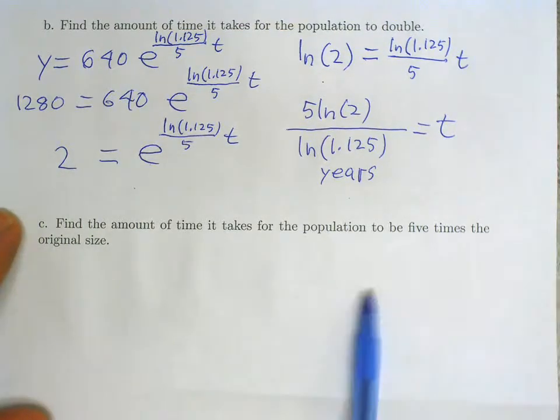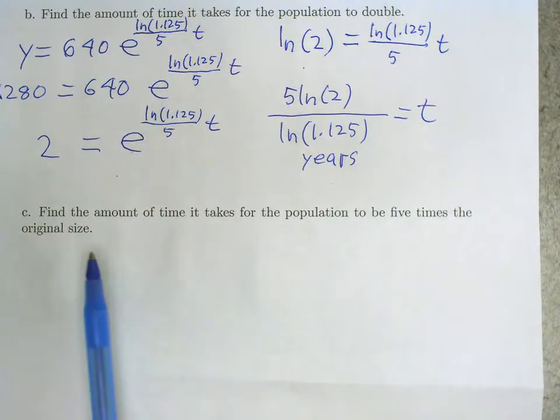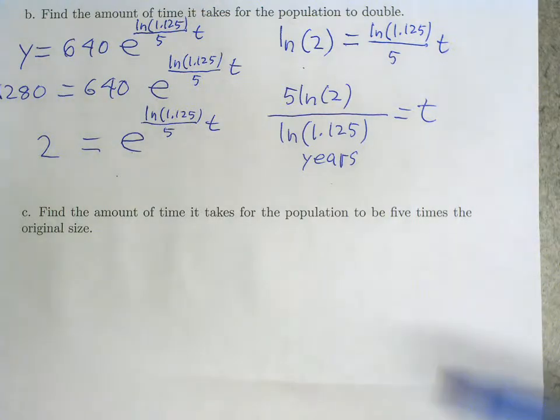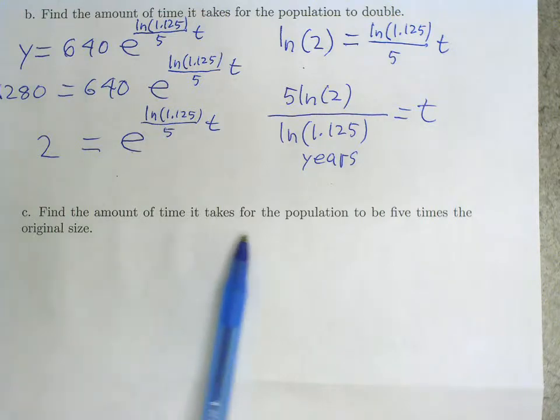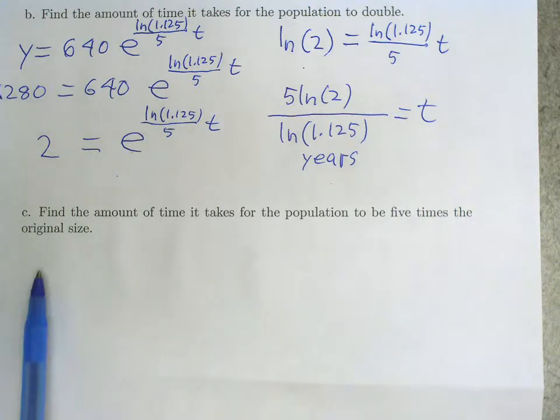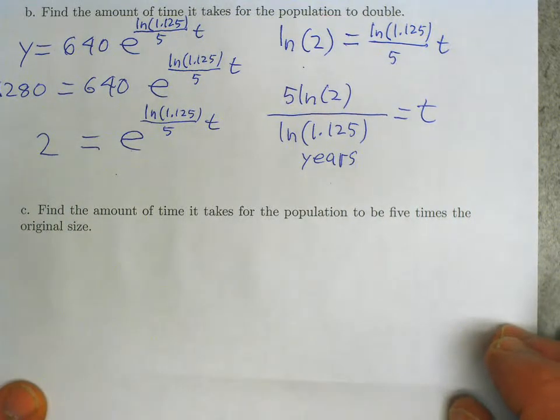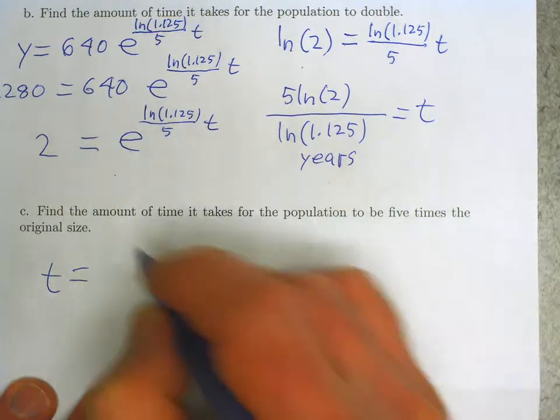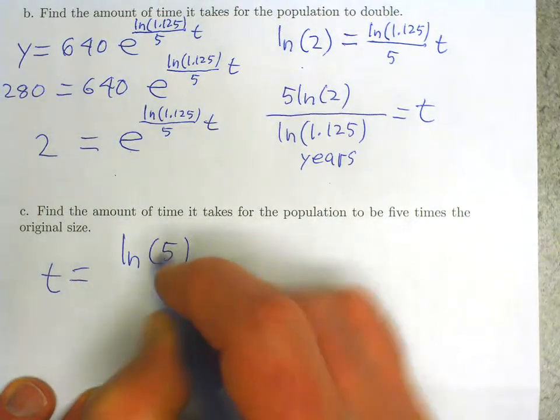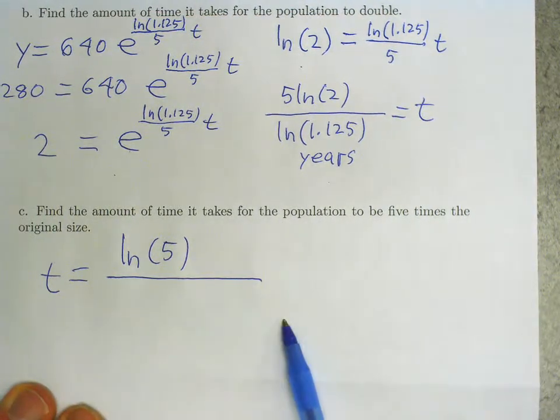Okay, we can answer this one in one step if you've sort of been noticing the patterns that show up. Find the amount of time it takes for the population to be 5 times the original size. So that amount of time is the natural log of 5 divided by k.